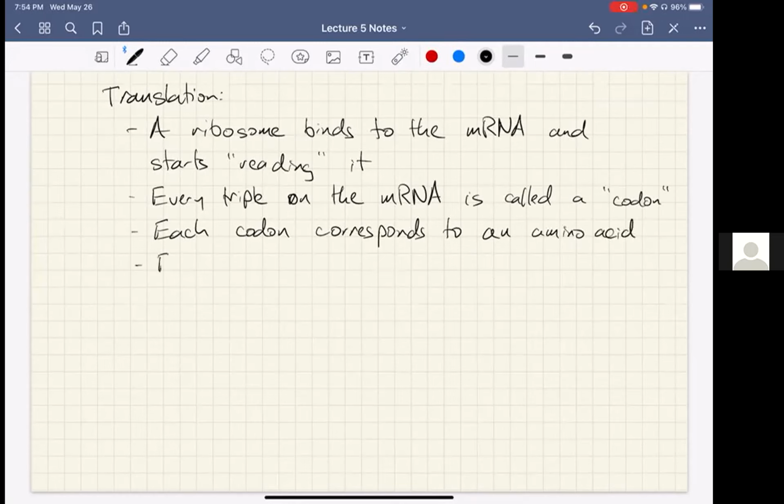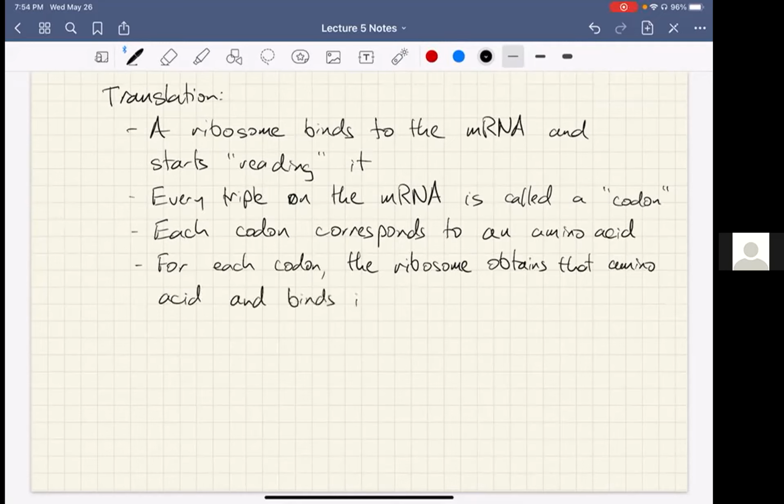The ribosome, for each codon, obtains that amino acid and binds it to the protein it is synthesizing through the peptide bond.